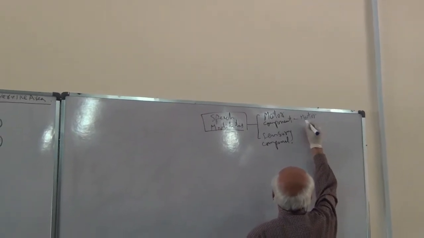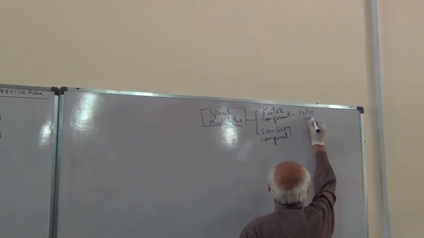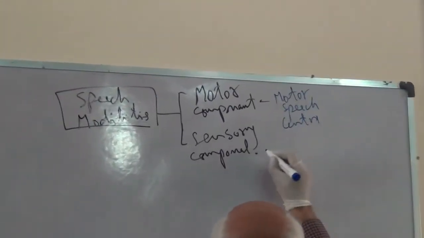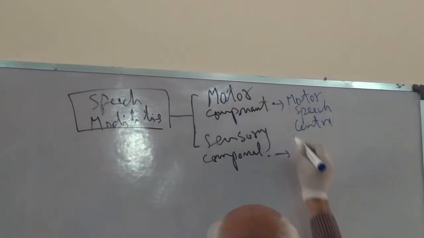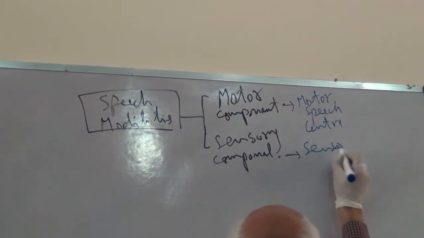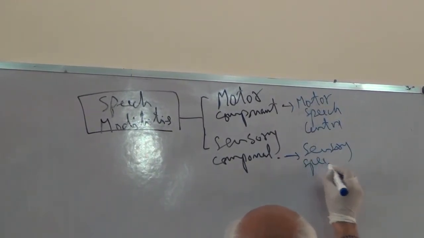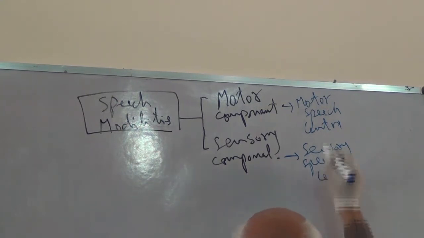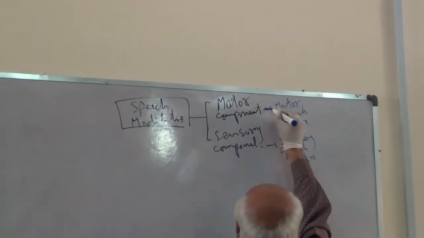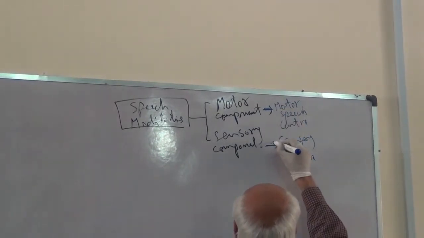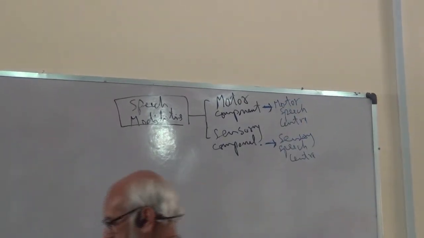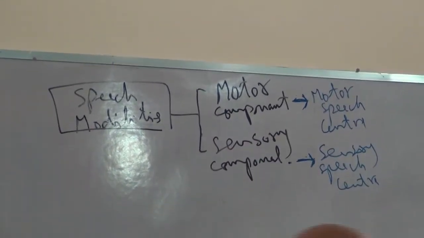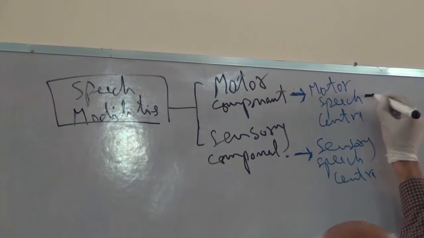Motor speech center and sensory speech center. The center for the motor component of speech is Broca's area.